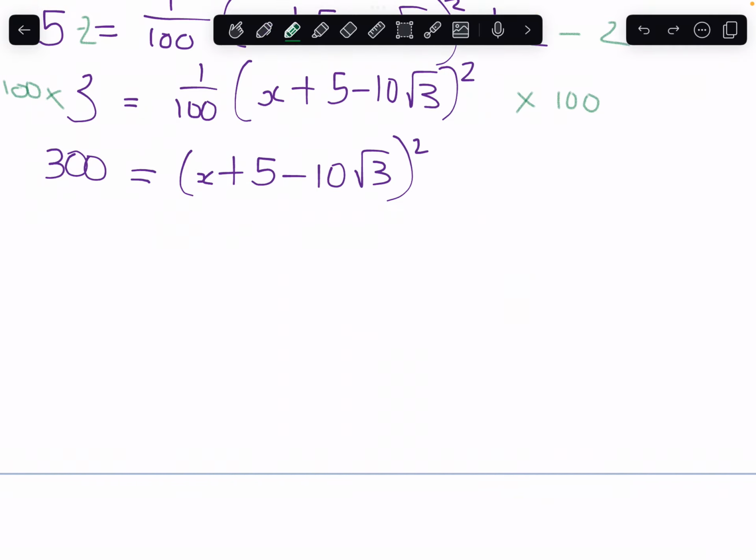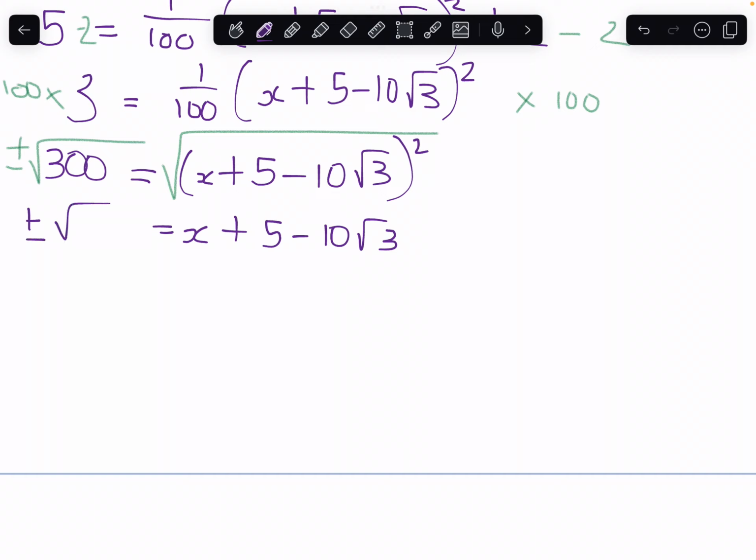So now we are going to square root both sides, remembering to think about positive and negative. So x plus 5 minus 10 root 3 is equal to plus or minus 10 root 3, and then add 10 root 3 on both sides.